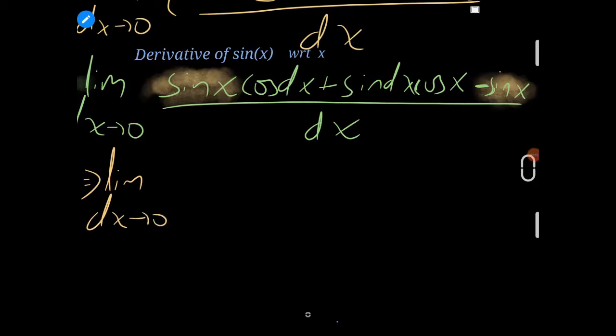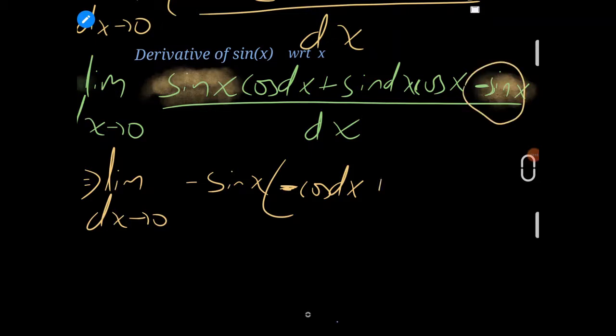So if it is minus sine x, the inside will be minus cos dx, and here it is minus sine x itself, so plus 1, because I took minus sine x common.